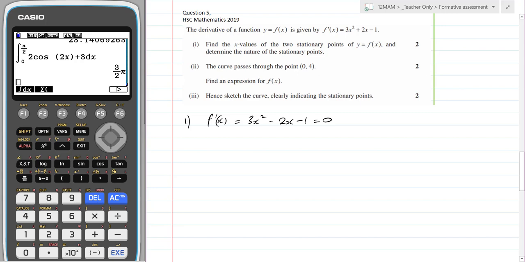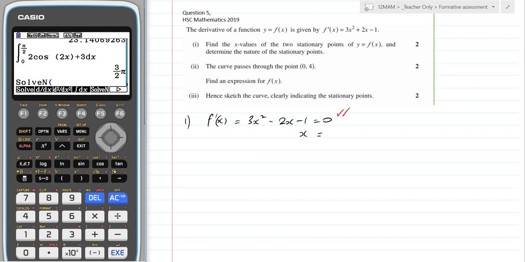So your first mark is for that recognition, and your second mark is for working out on technology, which the solve function's on here too somewhere. So if I go into options and calculate, I can solve in here, or I can solve numerically in here.